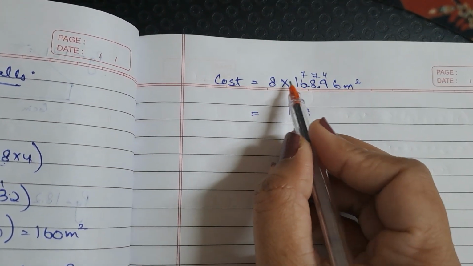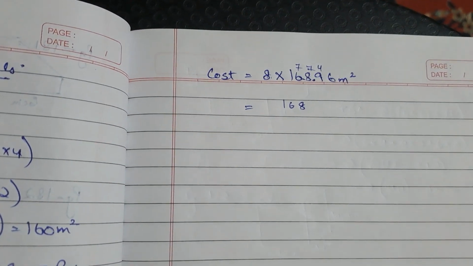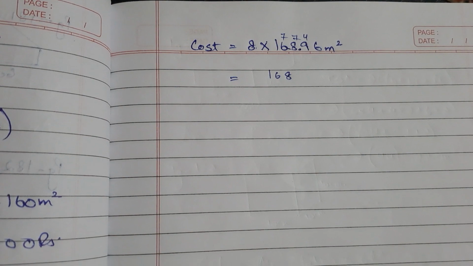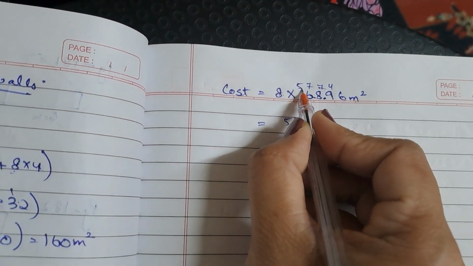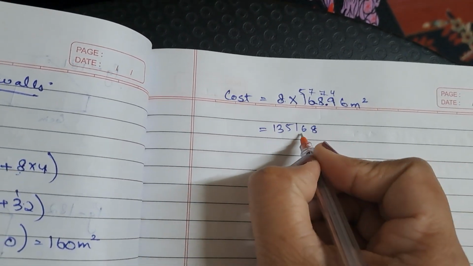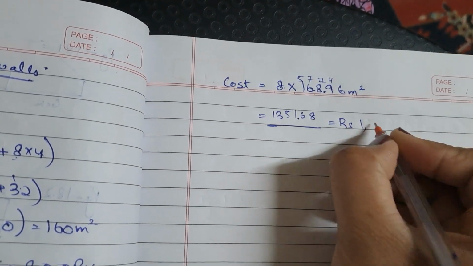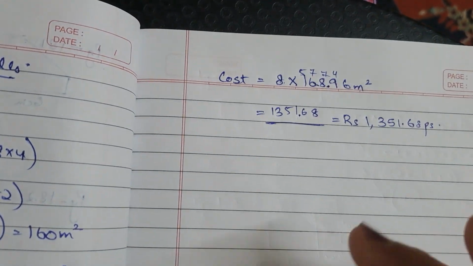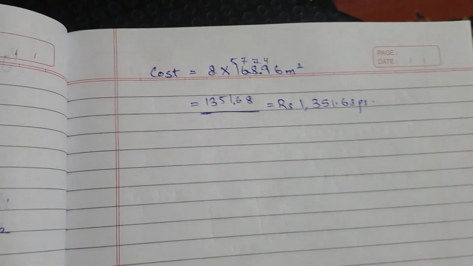Then 7, 8 sixes are 48. 48 plus 7 will be 55, I'm doing it in the calculator. 55 and 8 ones are 8, 9, 10, 11, 12, 13. Two decimal places it will come. So the cost is going to be rupees 1351.68 for painting the 24 cylindrical pillars of a particular place.